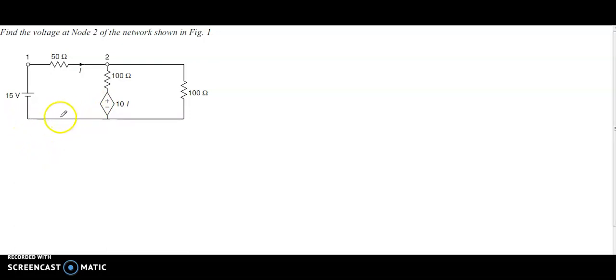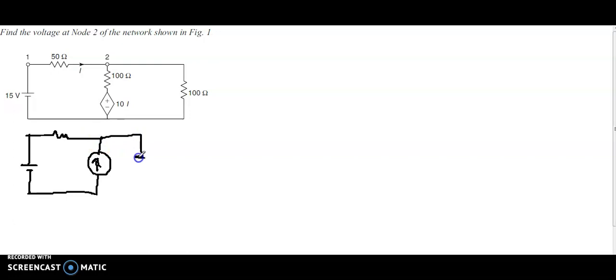So we can rearrange this circuit initially by converting this voltage source in series with a resistor to a current source with a resistor in parallel. So we can rearrange it as, be careful while considering the direction of current and the potential of the voltage sources.